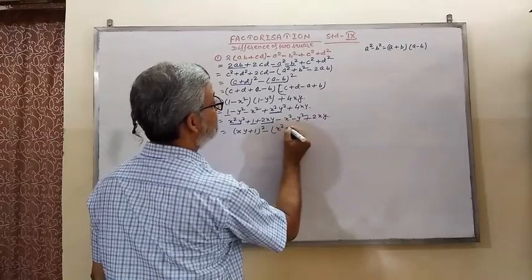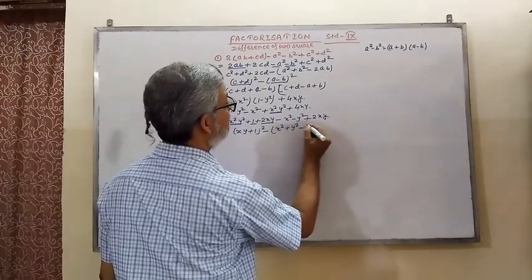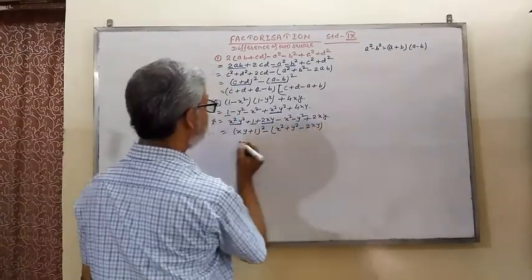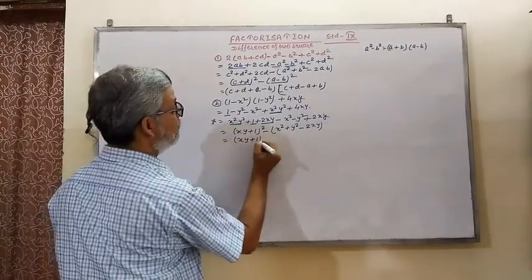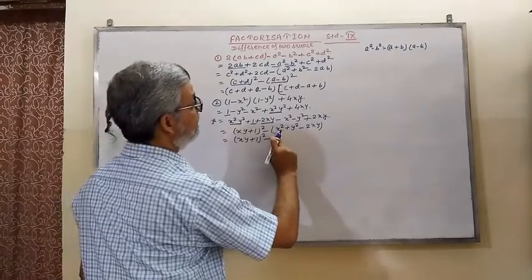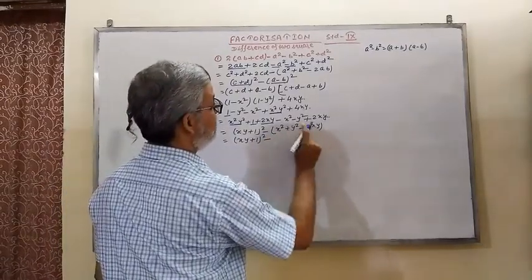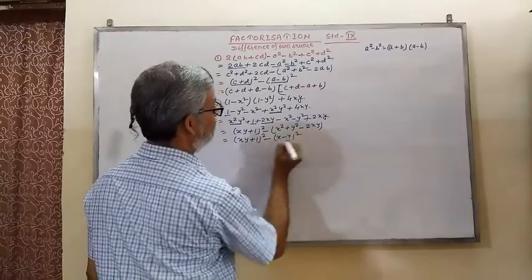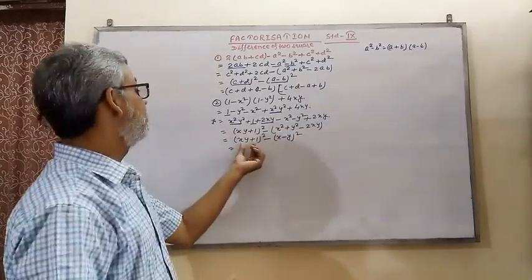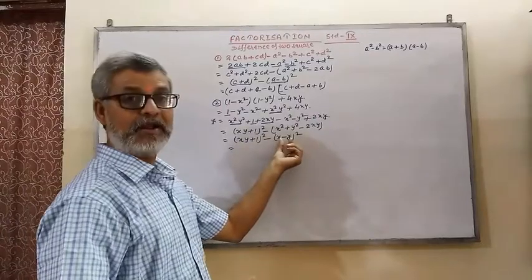So x square plus y square minus 2xy. This can be written as (xy plus 1) whole square minus a square plus b square minus 2ab form. So this can be written as (x minus y) whole square. Now this is a square minus b square again.